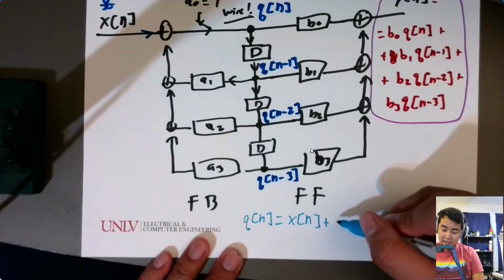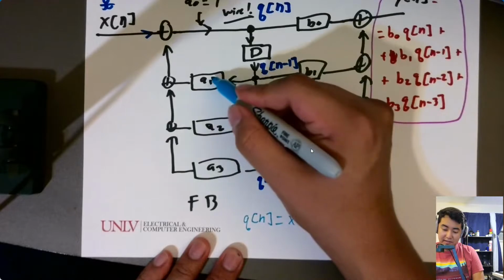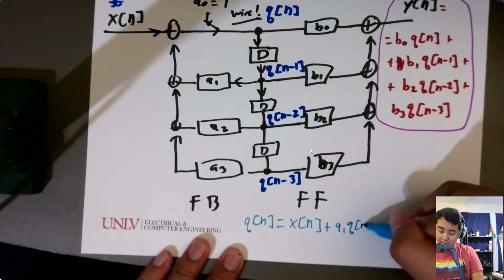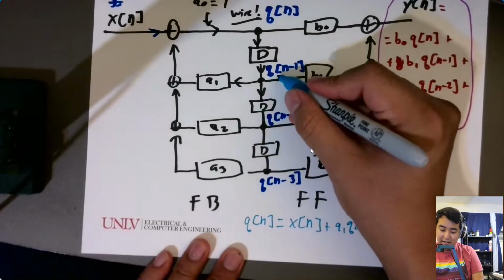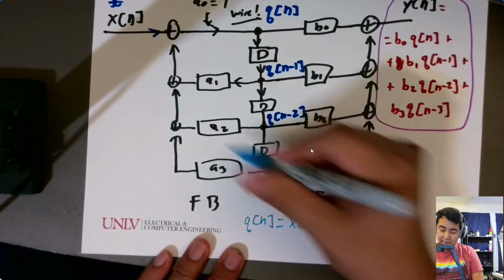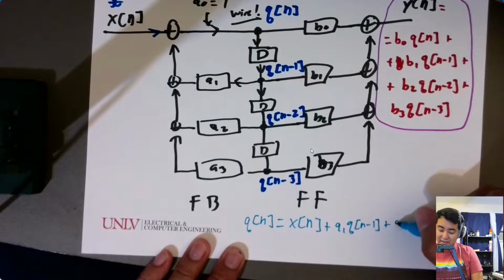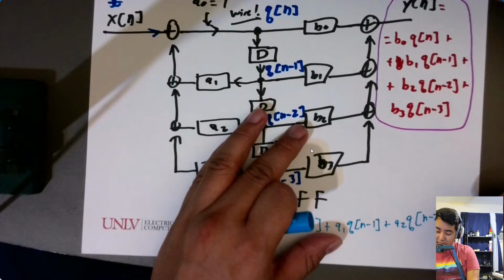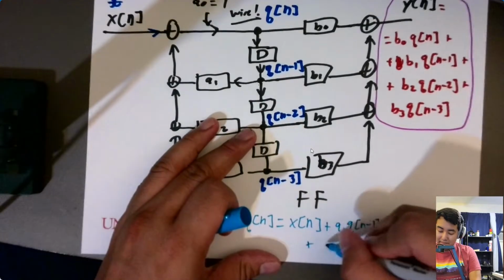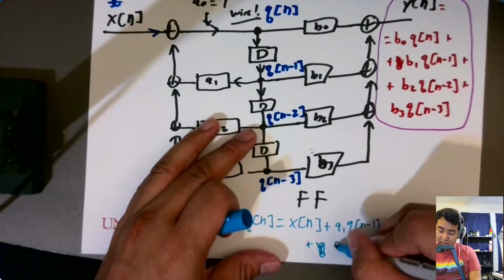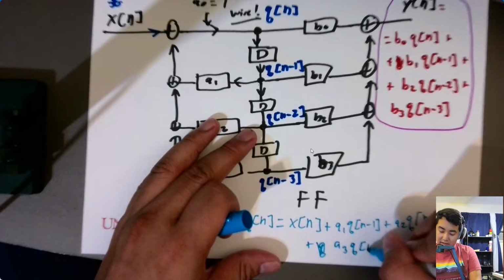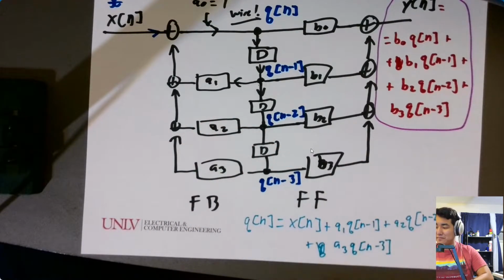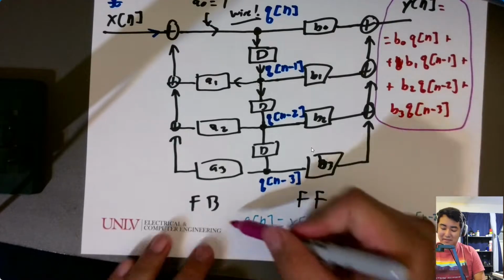This a of 1. What's this a of 1 coming from? A q n minus 1. Okay, plus, we're taking this a of 2, and now you start seeing the pattern. And then plus a of 3, q n minus 3. And there you go. Let's box this in.